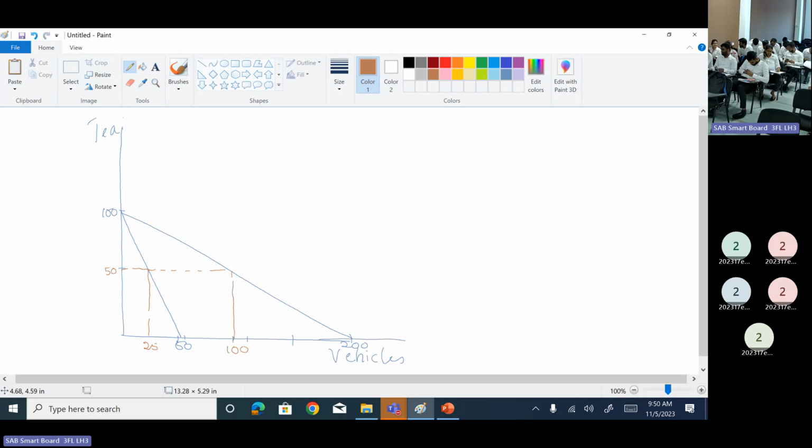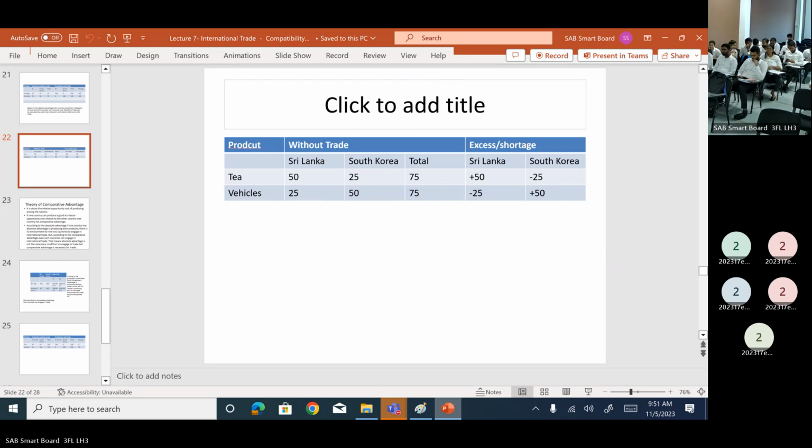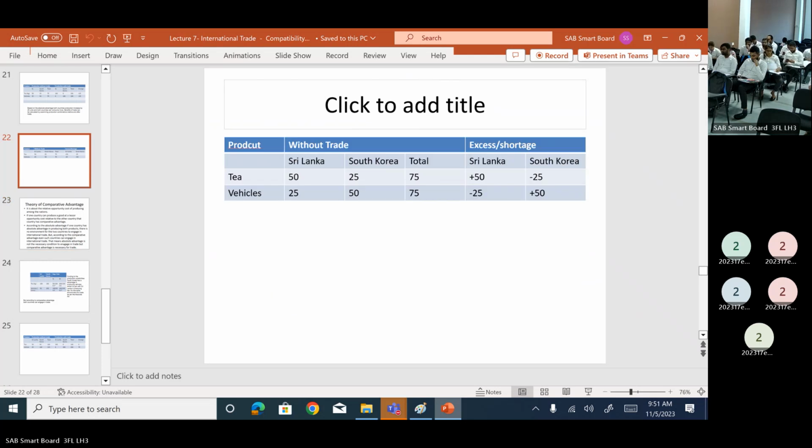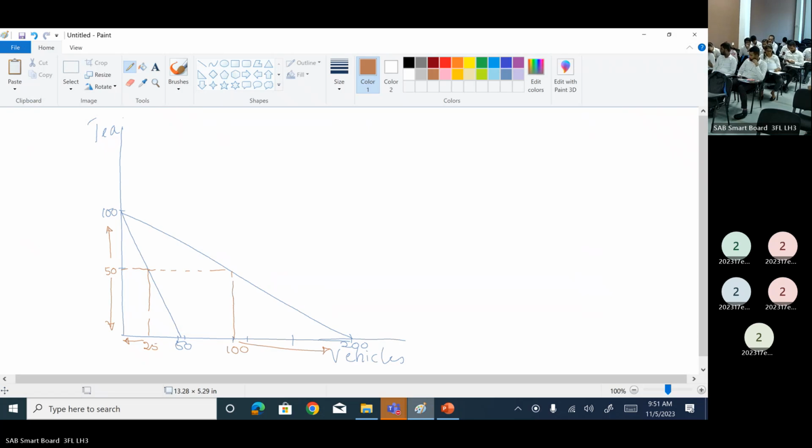Now, Sri Lanka, as a result of this comparative advantage, has the advantage in tea, and South Korea has the advantage in producing vehicles.